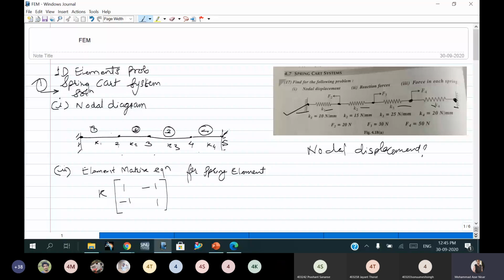Suppose in the interpolation function, a linear interpolation function, there is a quadratic equation: a1 plus a2 x plus a3 y, plus a4 xy. Suppose this is one equation for this rectangle having 4 nodes.